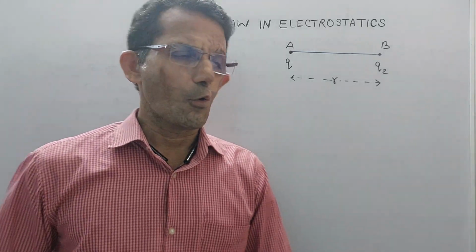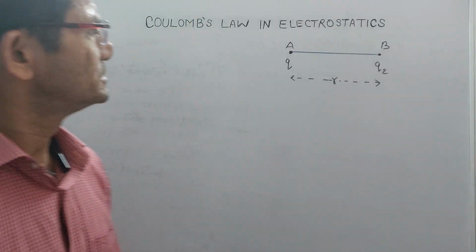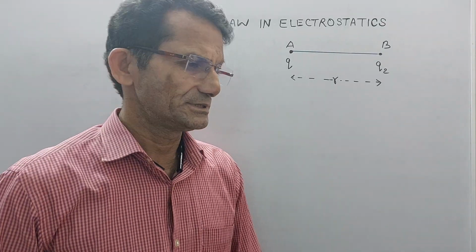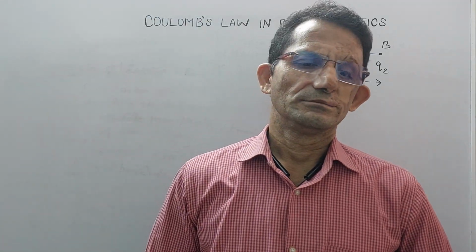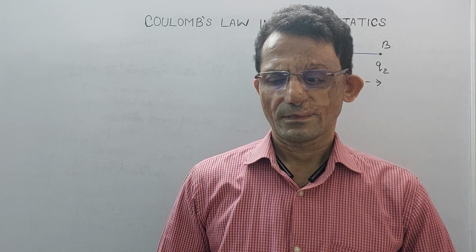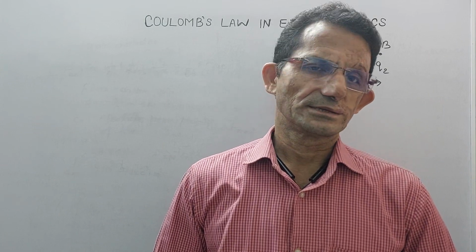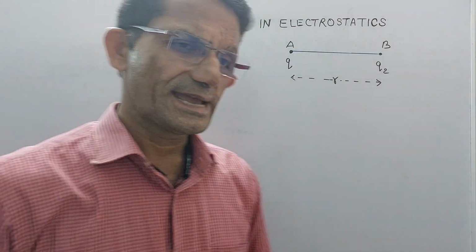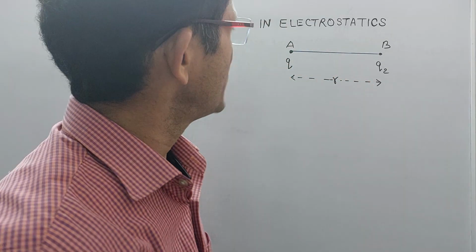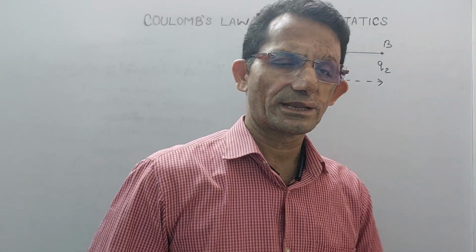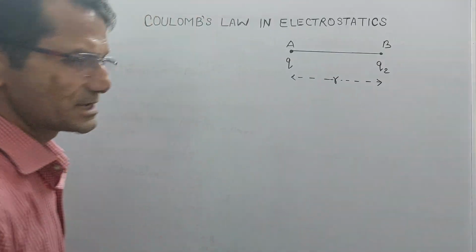Now, Coulomb's law in electrostatics. Coulomb has given an important formula between two charges for electric forces and electric fields. What Newton gave in the case of masses, this is the electrical analog of Newton's law of gravitation.